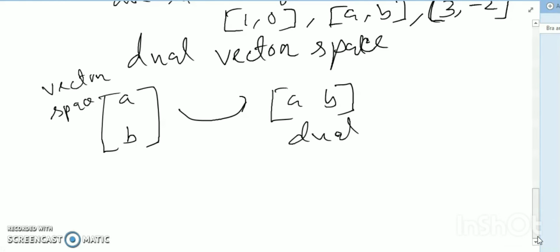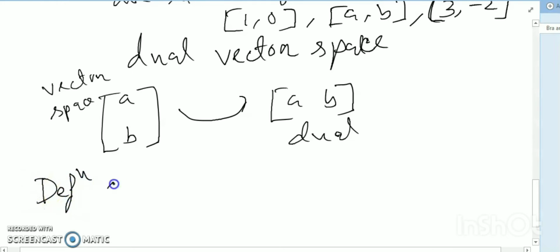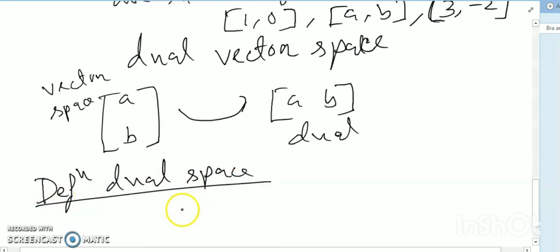This has been specific to R squared, but the dual space is a very useful concept in abstract vector spaces. Formally, we define the dual space as follows. Given a vector space V, the dual space is V star. V star is the dual space and V is the vector space.